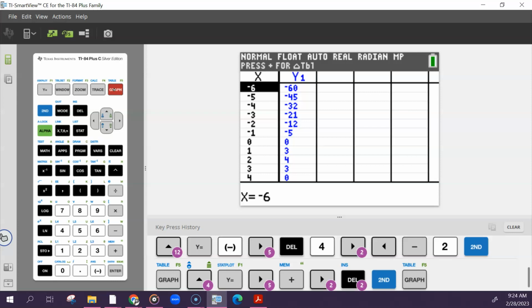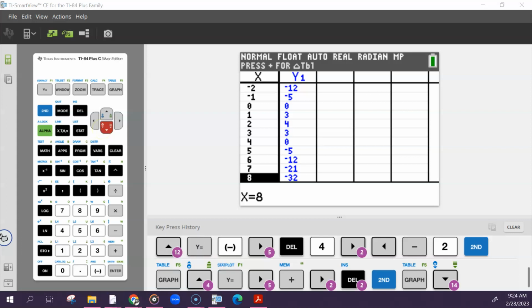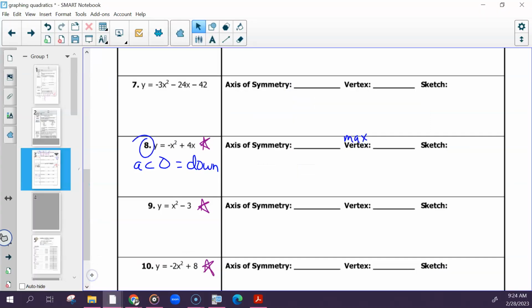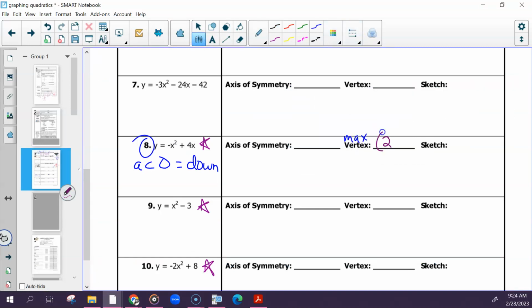What do we think? 2, 4. So the 3's repeat, the 0's repeat. If I scroll down, -5 and -12, and all those should also be. So 2, 4 is our vertex. So our axis of symmetry is what? X equals 2.